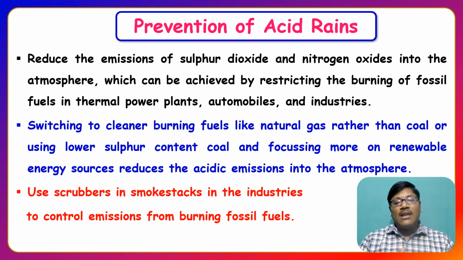Switching to cleaner burning fuels like natural gas rather than coal, or even using lower sulfur content coal, is a better option to prevent acid rain.